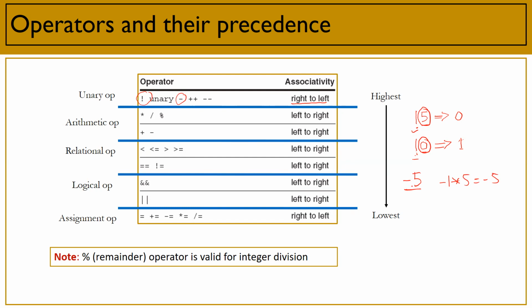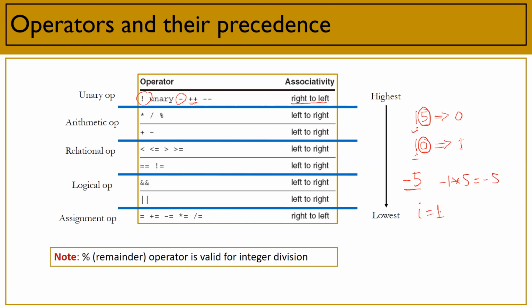Then we have this plus plus operator, which is used to increment some number by 1. We apply it with a variable. Let's say I have variable i, and i is 1.